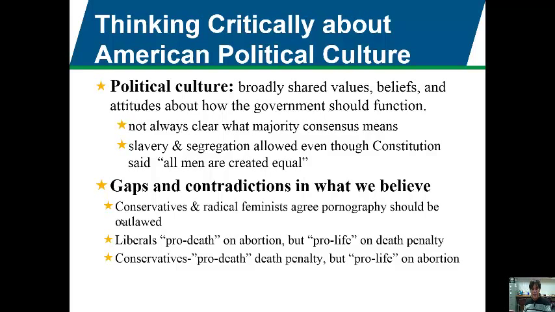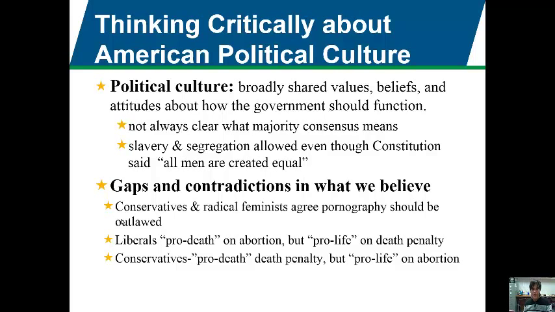And I do care that you know for your test the definition of political culture. That very basic definition of political culture is just broadly shared values, beliefs, and attitudes about how the government should function.